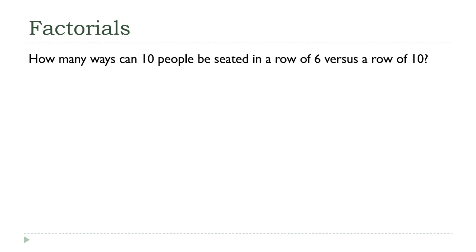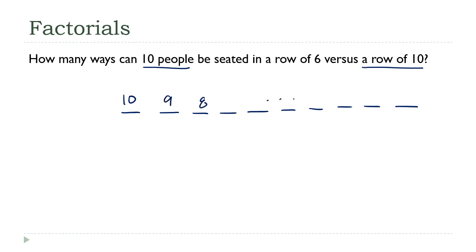For example, if we look at seating 10 people in a row of 10, or where we're seating everybody, then you know how we did this using the multiplication rule. We do 1, 2, 3, 4, 5, 6, 7, 8, 9, 10 seats, and we have 10 people we can put here, then 9, 8, and so on, down to 3, 2, and 1.